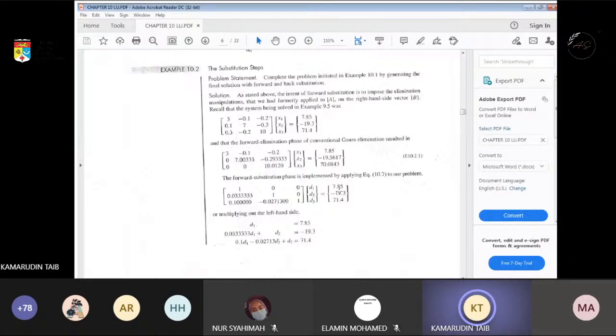So we can solve for d1. And then 0.03333 d1 plus 1 times d2 plus 0 times d3 equal minus 19.4. So having got the value, you can substitute it inside the second equation to solve for d2. That's called forward substitution.